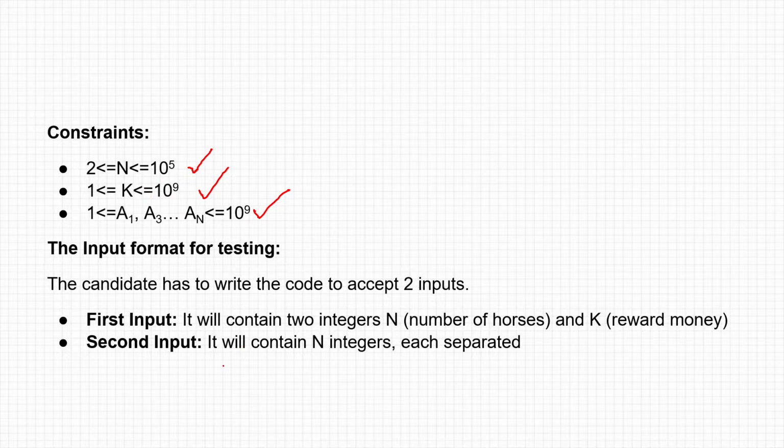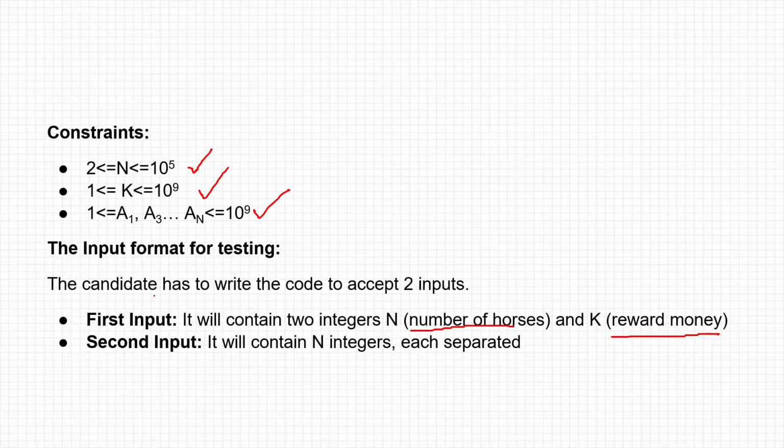So the first input contains two integers, n, the number of horses, and k, the reward money. So n value you know, and then the k value for the reward money you know.